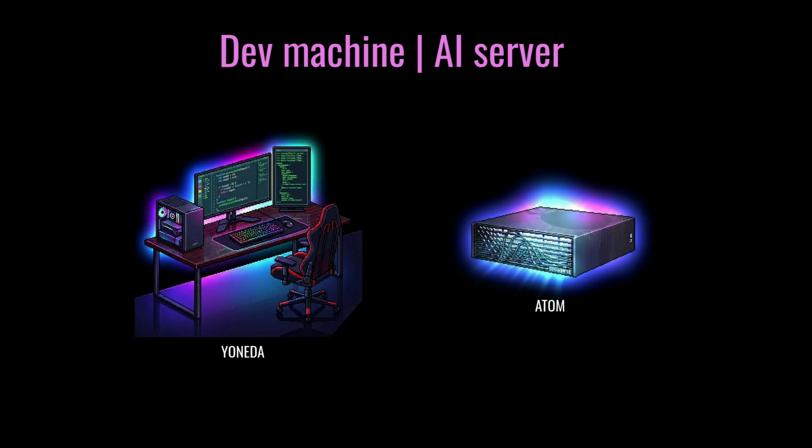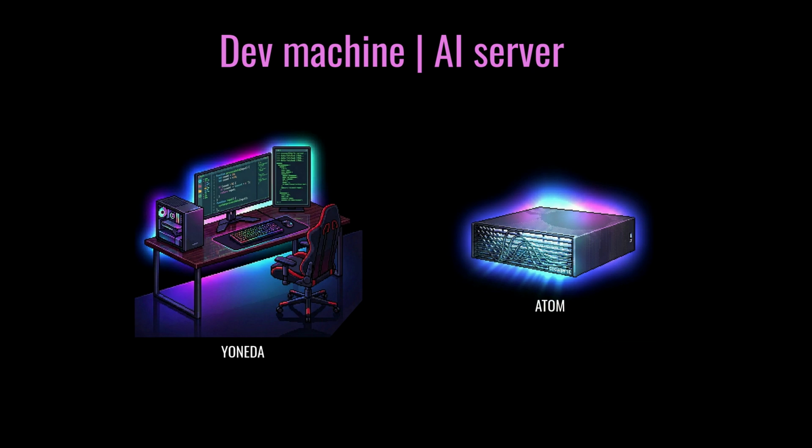So we first took a look at the setup. Essentially, I have my dev machine. It's called Yoneda. That's the one on the left. And I have a dedicated AI server. It's a Gigabyte AI TOP ATOM, which is basically Gigabyte's implementation of the NVIDIA DGX Spark. I keep this machine clean.